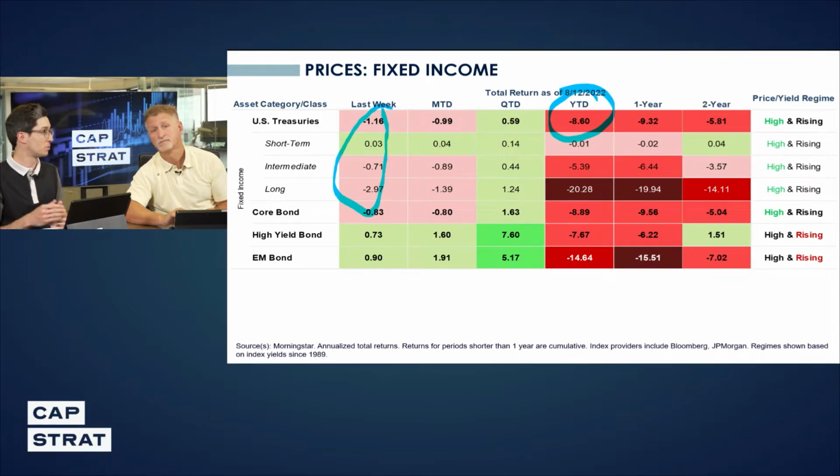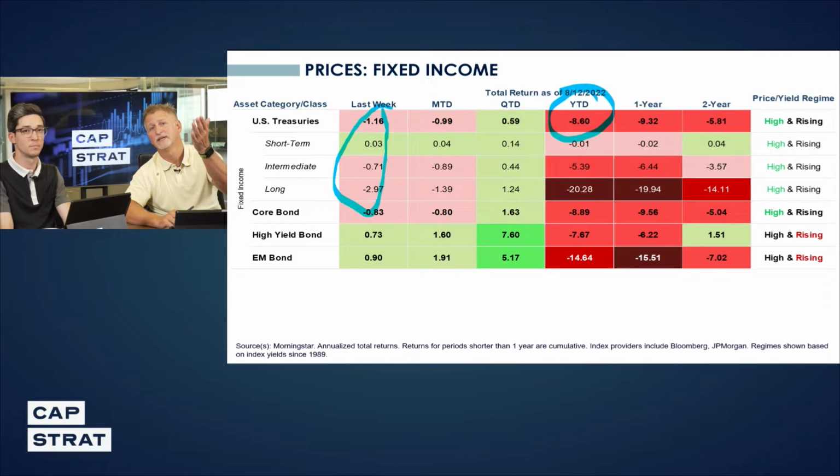So US Treasuries, for example, we are in a high and rising yield regime, and that's typically the second best yield regime. High is great because you get a really good yield and you can compound that and reinvest it. And the next best yield regime is high and falling yields, because when bond yields fall, bond prices rise. We're not there yet, but we think we'll be there soon based on inflation.